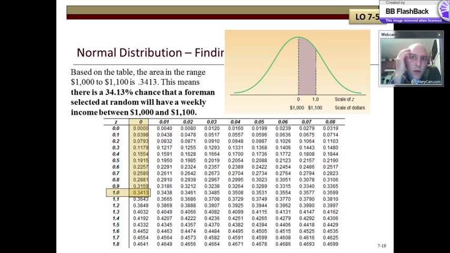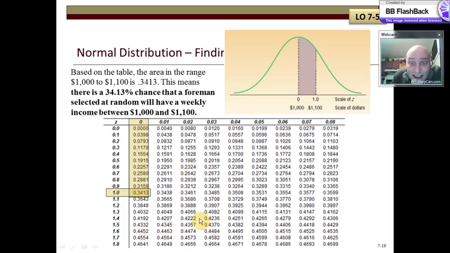Going back to the beginning, call back to the arrows. We started with the raw scores of $1,000 and $1,100. We converted those two raw scores to z-scores, a z-score of 0 and a z-score of 1. We used the z-scores on the outside of the table to find the area under the curve.